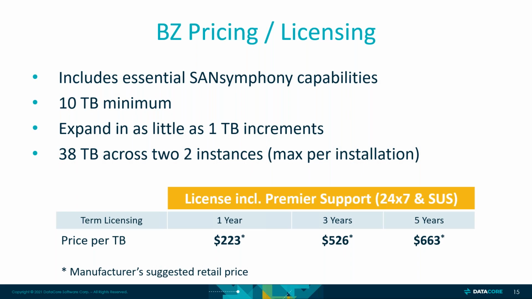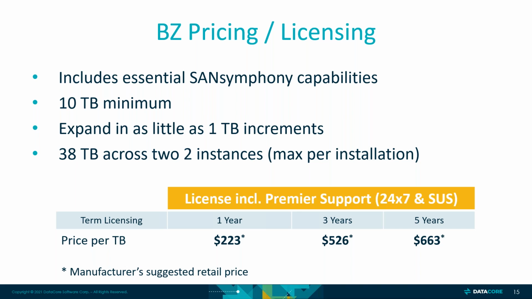So to pricing, which I'm sure several of you are always curious about from the outset, these essential SANsymphony capabilities are provided at a very inexpensive price. The price for the SANsymphony DZ in the 1-year term license is $223 MSRP per terabyte.